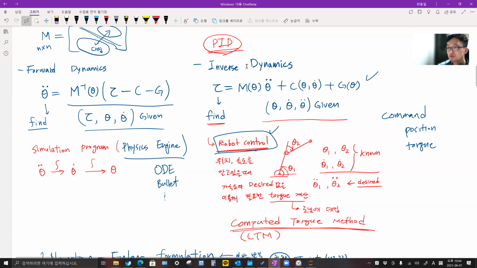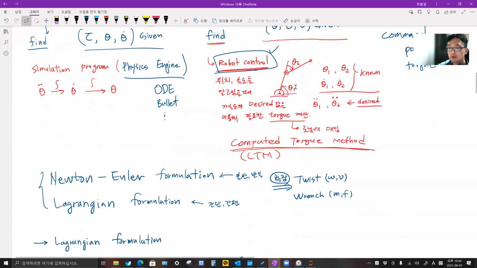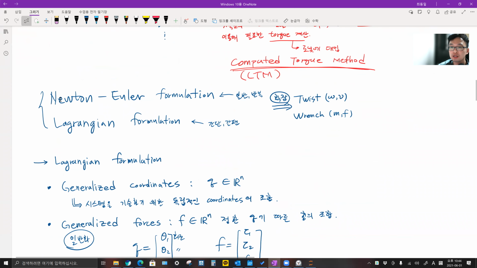So in this class, we are focusing on the inverse dynamics. There are two kinds of formulation methods. One is the Newton-Euler formulation method, and the other one is Lagrangian formulation.